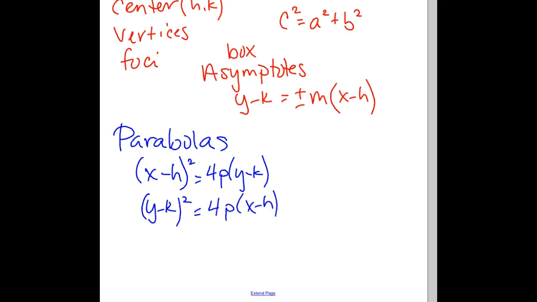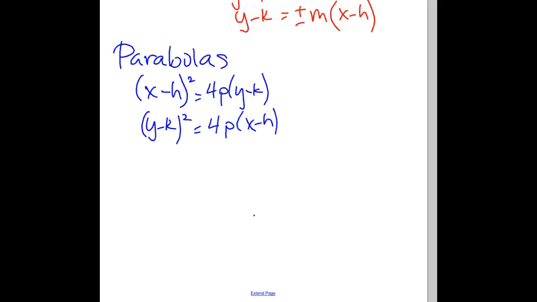Okay, so what are some things that we would need to know from this in order to graph it? Vertex this time is found where? That's the HK. So in all of the other shapes, this was called the center, right? We call it the vertex here. Vertex is HK. What else do we pull out of our equation? In order to find the focus, we have to figure out P, all right?